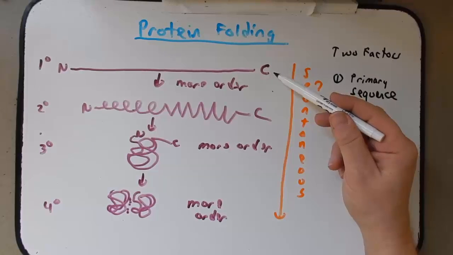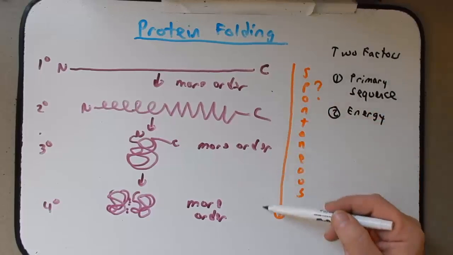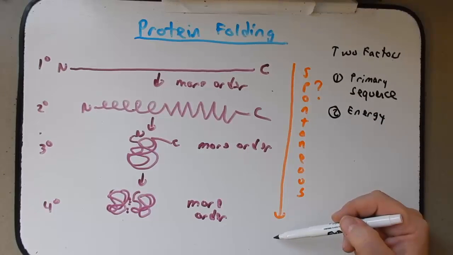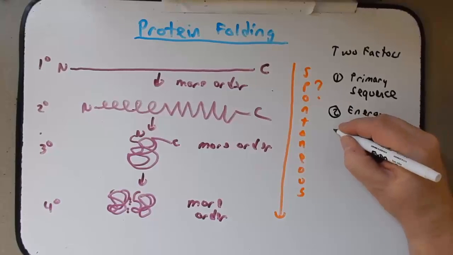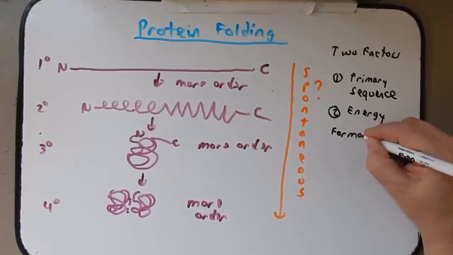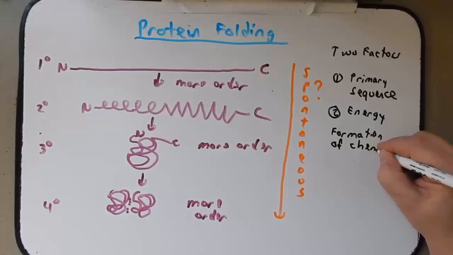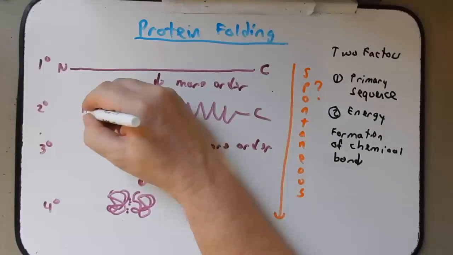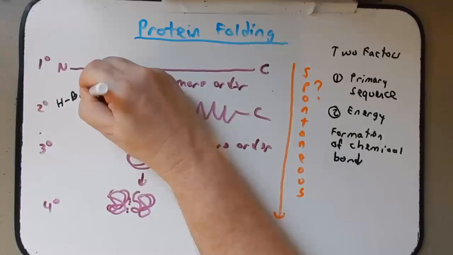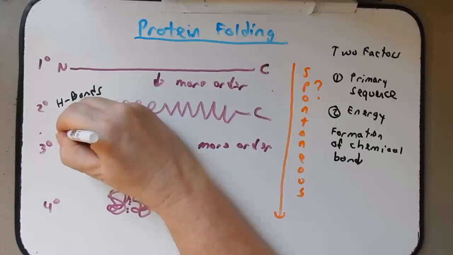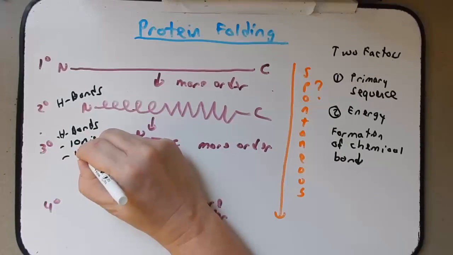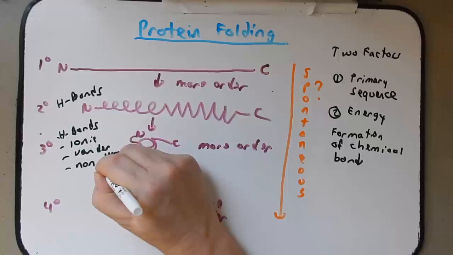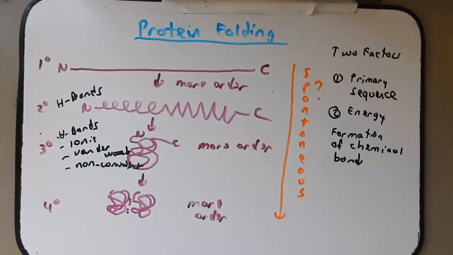In order to go from this unordered structure to a very ordered structure, we said before, requires lots of energy. Where does that energy come from? It turns out that energy comes from the formation of chemical bonds. So the hydrogen bonds that help form the secondary structure that we've talked about before, the hydrogen bonds, the ionic bonds, the van der Waals, the non-covalent or hydrophobic interactions, all of these spontaneously form because of the primary structure.